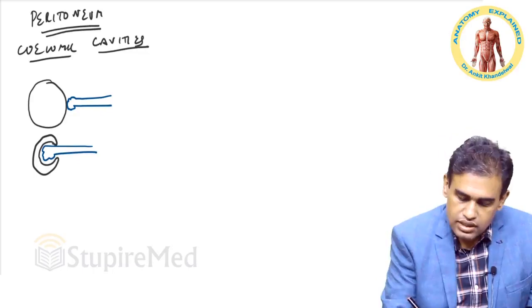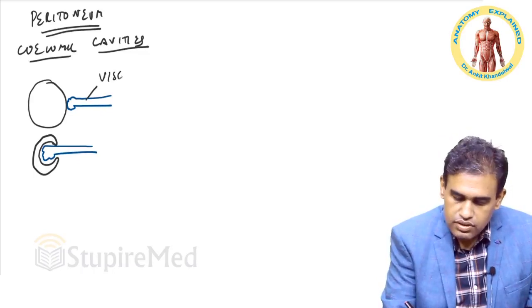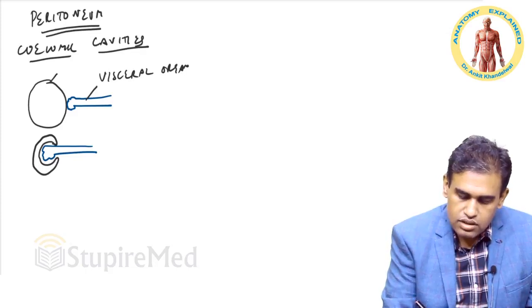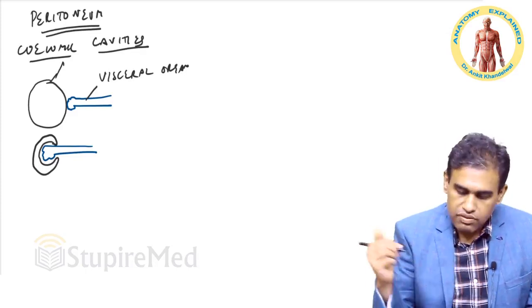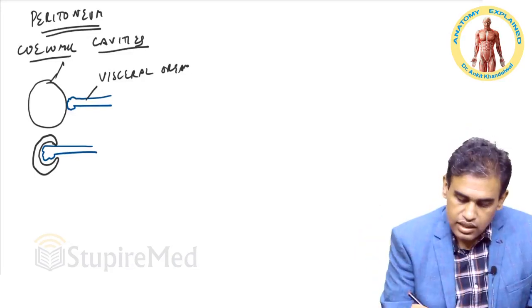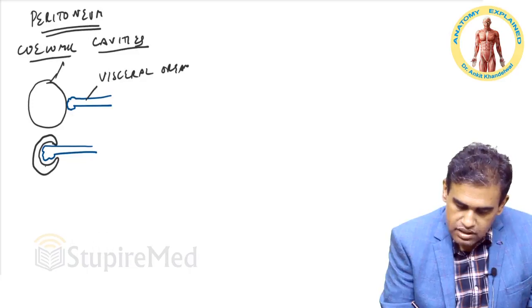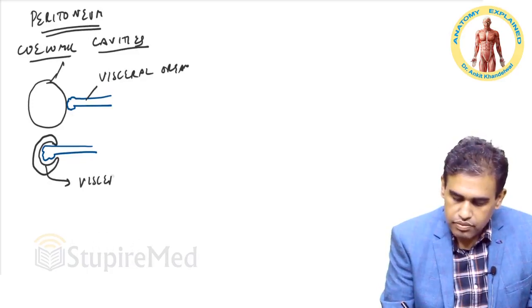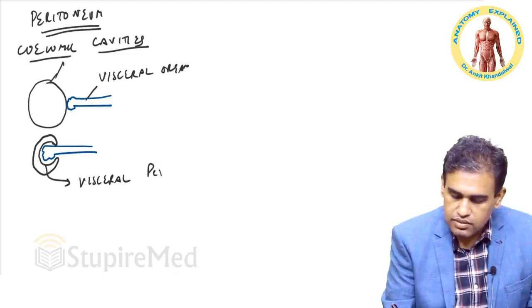This example shows that the hand is the visceral organ, and this balloon is your coelomic cavity. After the visceral organ inserts inside, the layer in touch with your hand is your visceral peritoneum in this case.